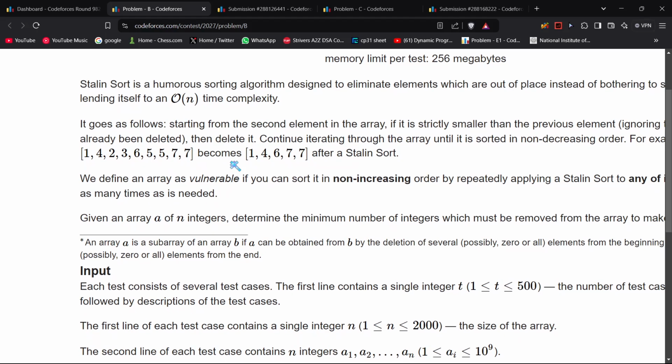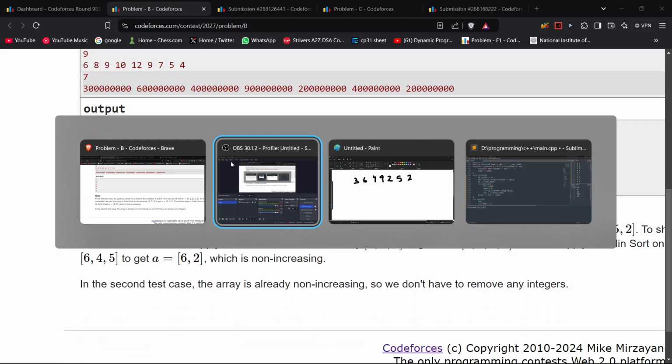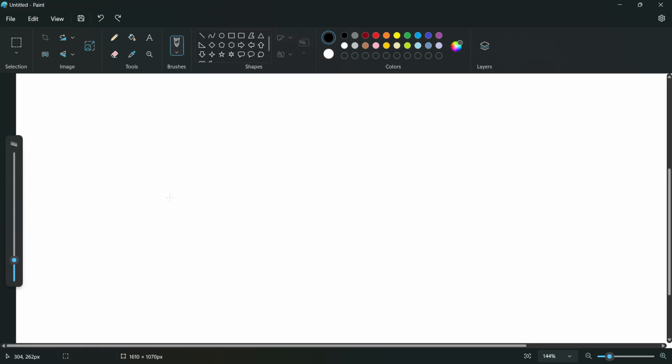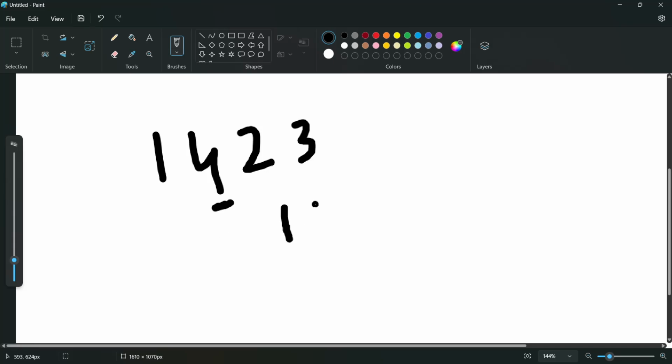See this example. Suppose the array is 1, 4, 2, 3, and we apply Stalin sort here. What do we get? We get 1, 4.